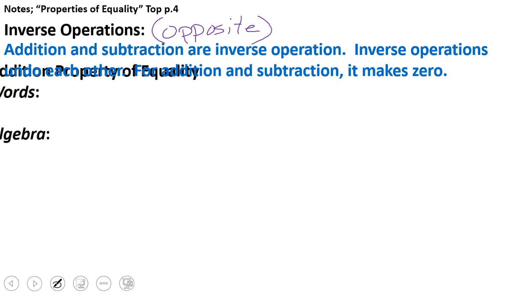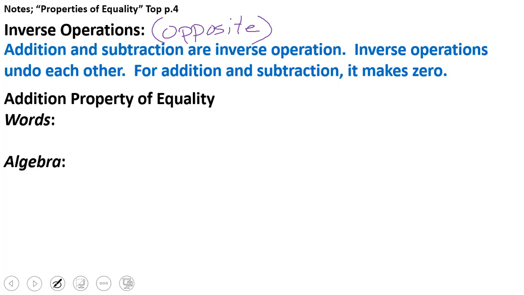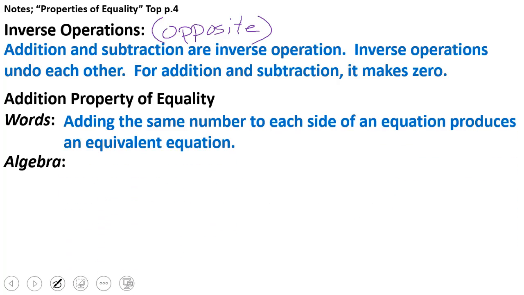The next thing we need to talk about is why and when we use inverse operations. Well, the addition property of equality helps us use inverse operations to solve an equation. The addition property of equality says I can add the same number to each side of an equation to produce an equivalent equation.